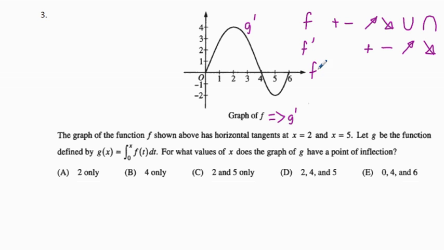And finally, our last row, f double prime, we put plus under the f prime increasing and minus under the f prime decreasing.